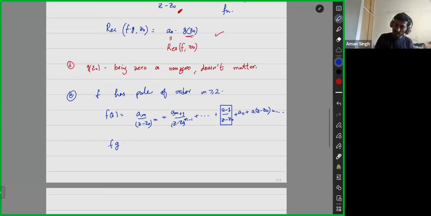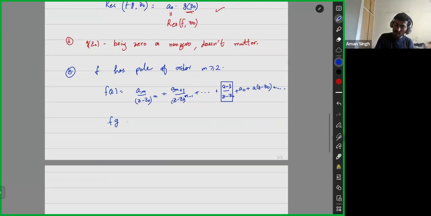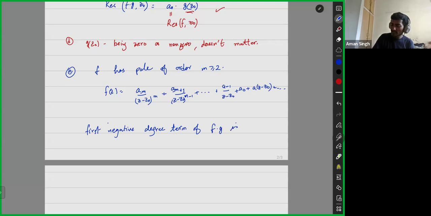So this will be the first negative degree term in the Laurent series expansion.